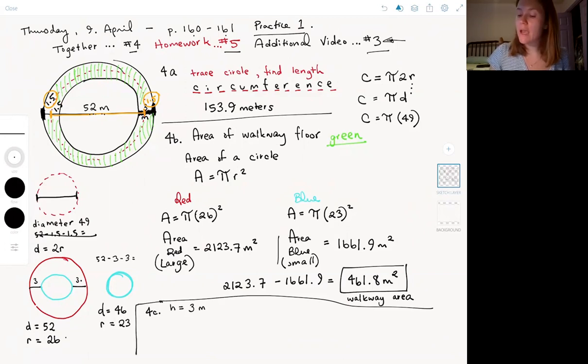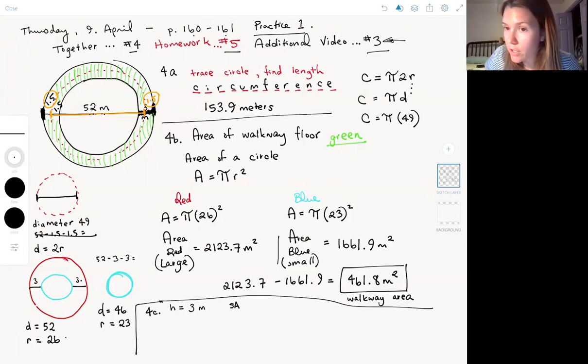And I have 2 circles, right? So for this, I'm going to look back at our equation that we were using Monday and Friday. The surface area of a cylinder, because when we're looking at this, this is like the walls of that cylinder, right? We don't have the tops or the bottoms, just the walls.